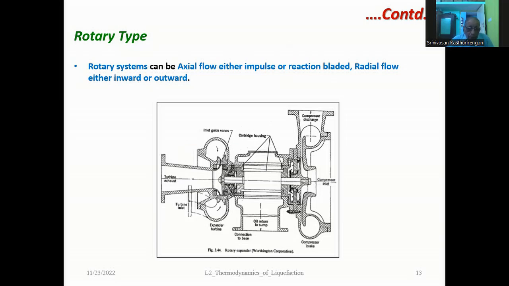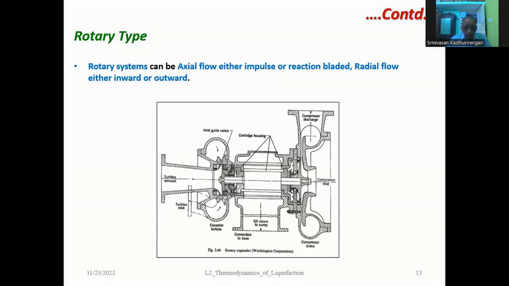So, for example, a typical rotary type expander is shown here in this diagram. Here the incoming gas enters at some point, and because of the rotational motion of the turbine, the gas is expanded, and the expanded low pressure gas passes out through this. Because of the process of expansion, there is a certain amount of work output.